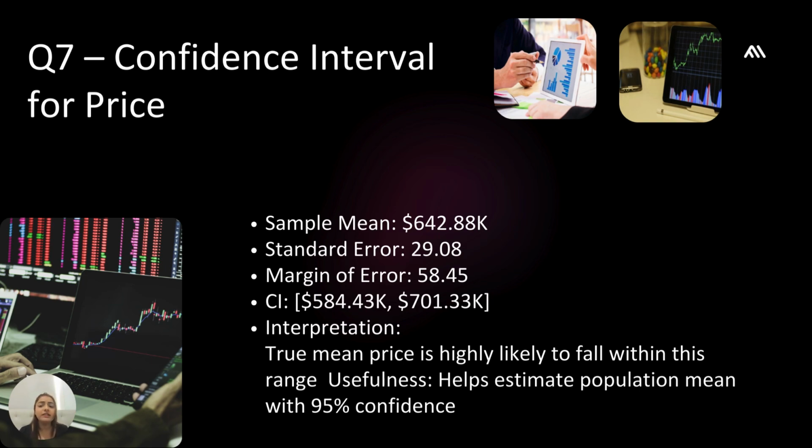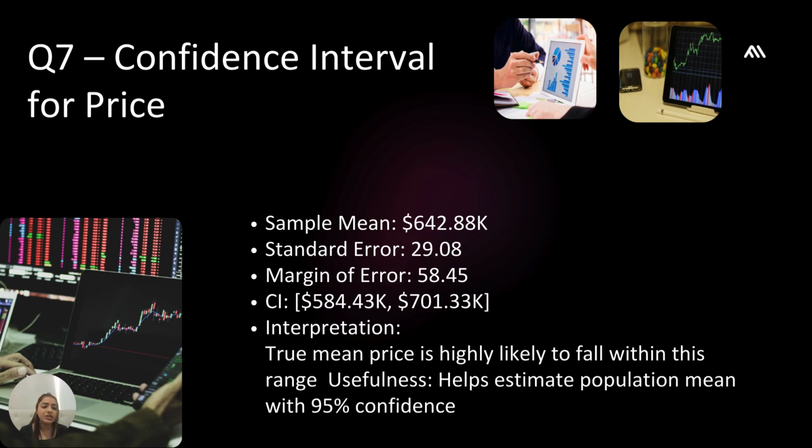So the confidence interval is from 584.43 thousand dollars to 701.33 thousand dollars. This tells us with 95% confidence that the average house price lies within this range. This kind of analysis helps real estate investors to make more accurate pricing decisions.